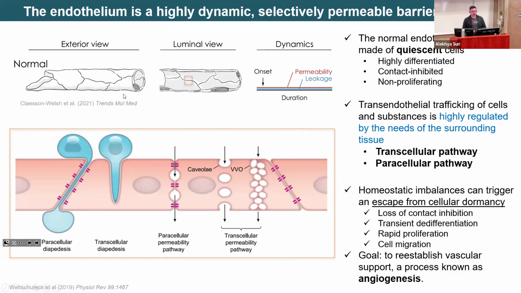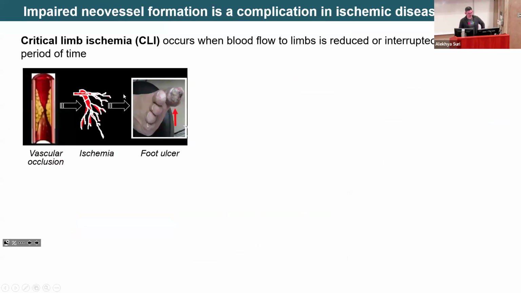And the idea is that those signals ultimately cause the endothelium to remodel in such a way that it helps reestablish vascular support to the tissue. And this process is called angiogenesis, right? Angiogenesis basically means the formation of new blood vessels, right? And we're going to talk about how this process happens.